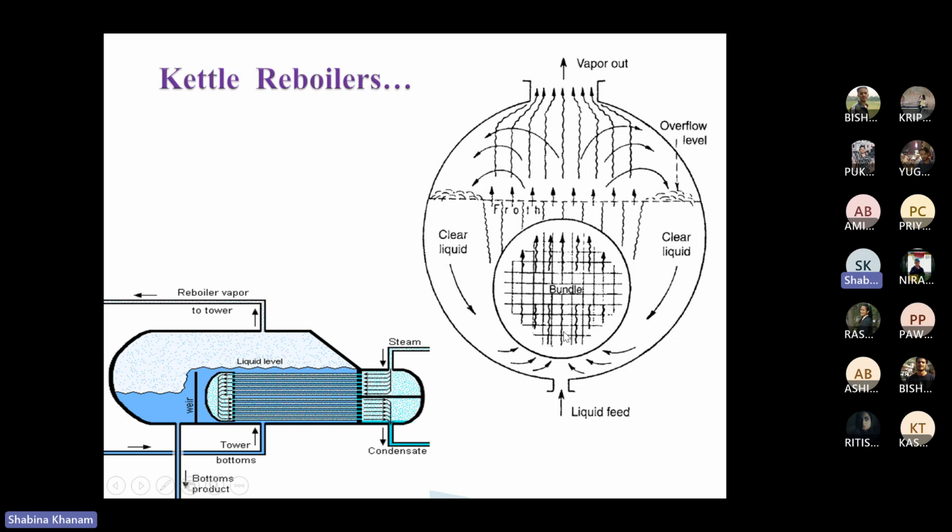So as vapor starts moving from the bottom, it passes through the liquid pool and the tubes.